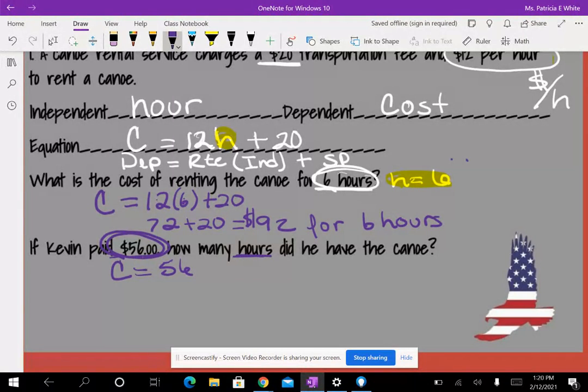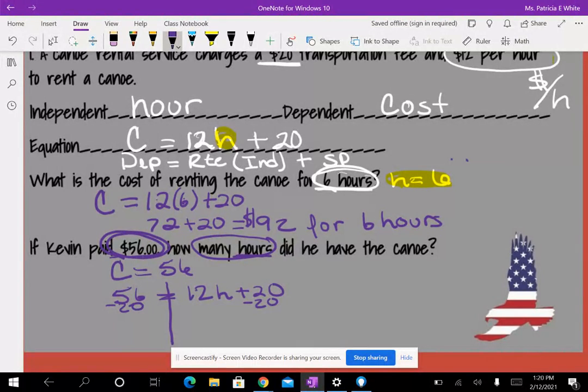That's what I've got to find out. I'm going to say 56 equals 12 times H plus 20. I've got to solve that two-step equation to find out what H is, because that's my question, right? How many hours? I'm going to subtract that 20 from both sides.